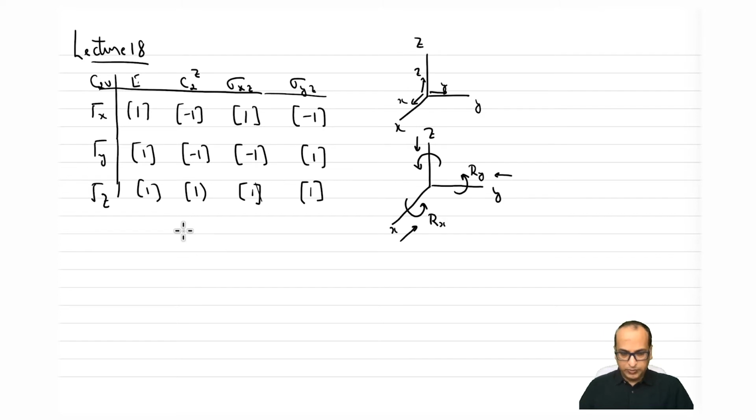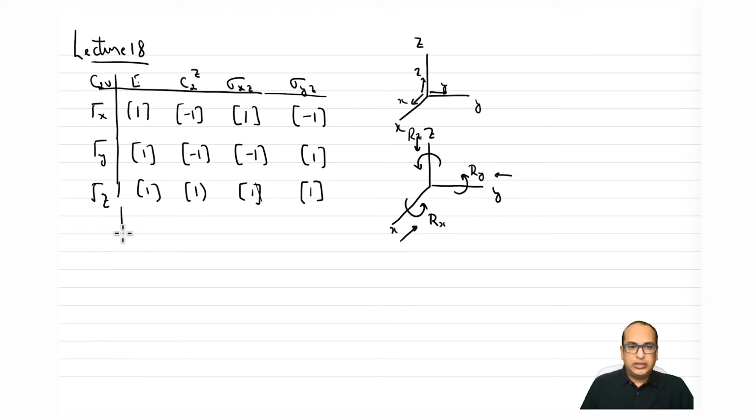So we'll see how various transformations look under Rx, Ry, and Rz as the basis set. Okay, this is Rz. So let us try what happens. E will be the simple case, so I'm not going to discuss that because E is not going to change anything. So all the characters under E for Rx, Ry, or Rz will be 1, just like for tau x, tau y, tau z, right?